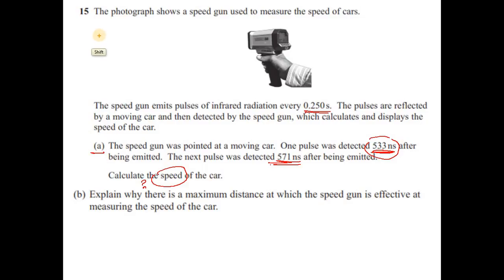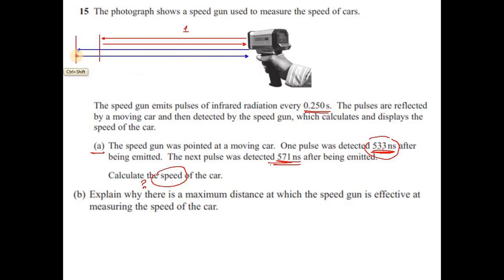Suppose this is the first position of the car where the first wave is sent. So this is the first wave, sent and then reflected. So ray number 1. And the time of coming back is 533 nanoseconds. Now when the second wave is sent, the car moves a little further from the gun, and the second wave is sent and then reflected.